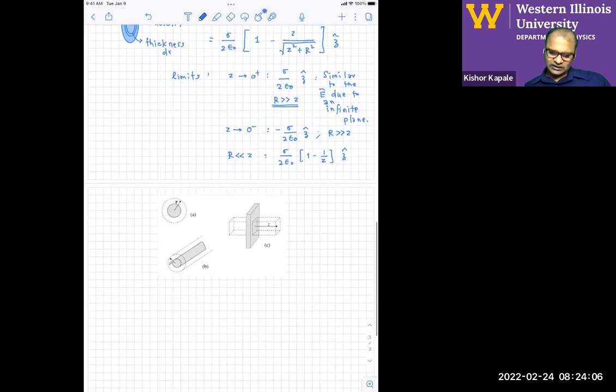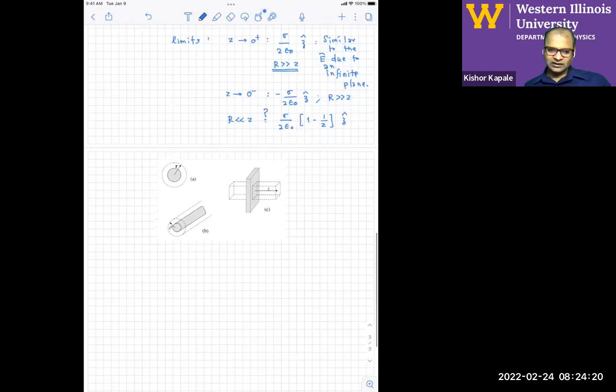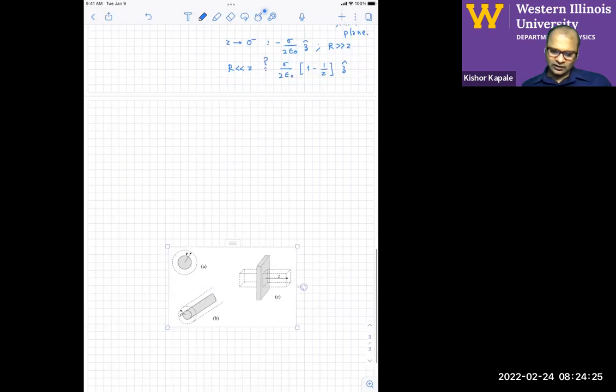You're dividing by z. I'm going to leave this as a question mark. So is this correct? You can verify that later. I don't think that's correct, but you can check that later and write down the correct expression. So I'm going to put a question mark there. Let's not spend time on that right now. That gives you an idea.